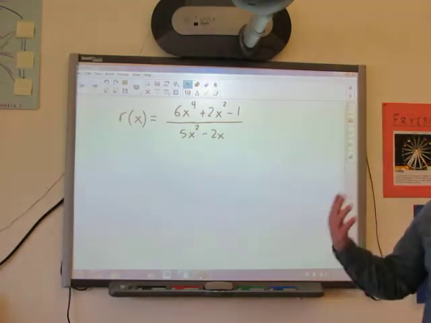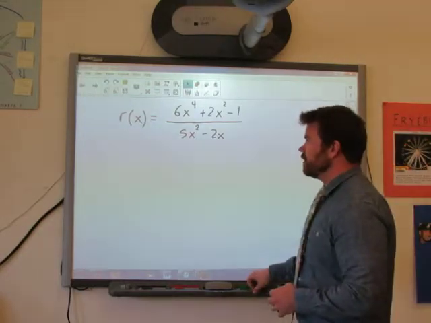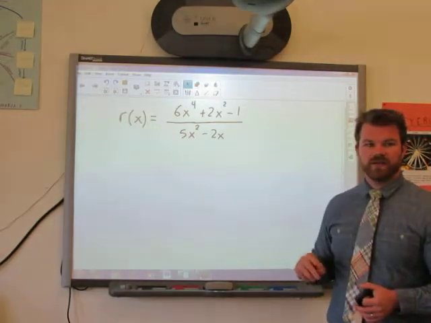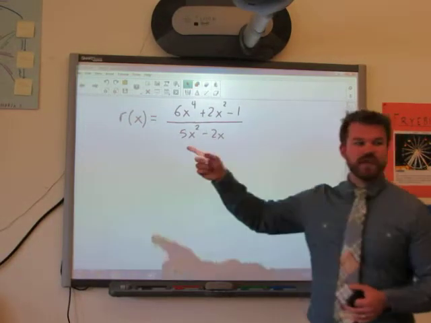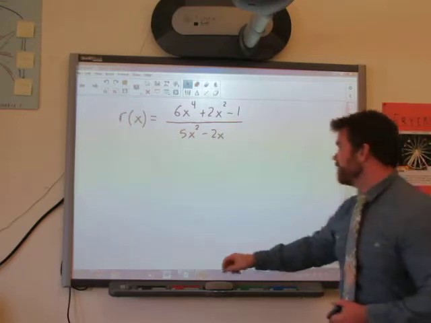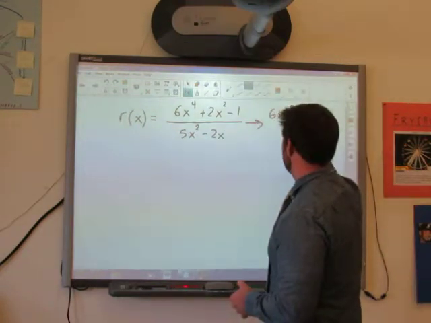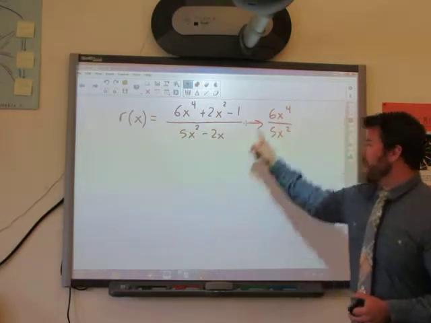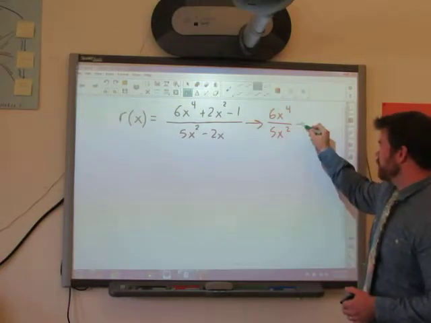And what power function does the top act like in the long run? It's a 6x to the 4th. Good, Chelsea. And how about the bottom one? Just 5x squared, right? So both of these act like U-shaped functions. So if this thing eventually approaches this leading term, what does the whole thing eventually approach?